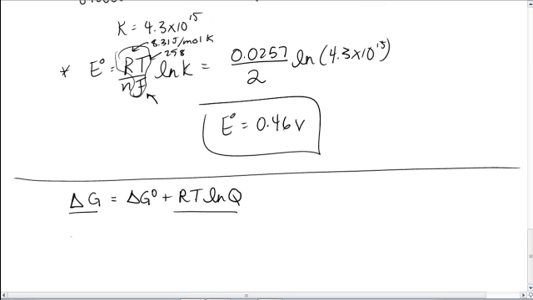Well, now we know that delta G is equal to negative NFE.